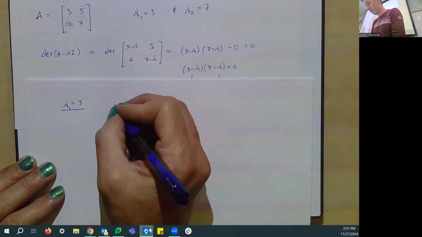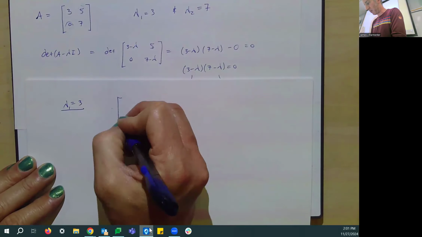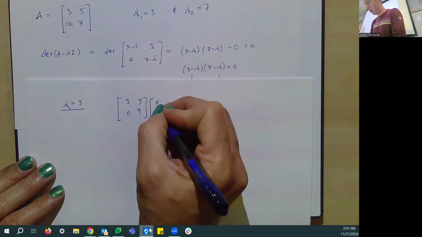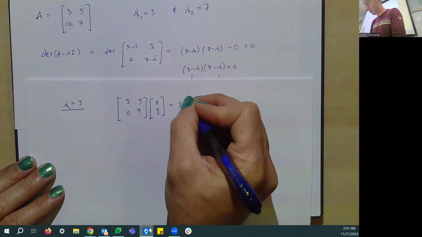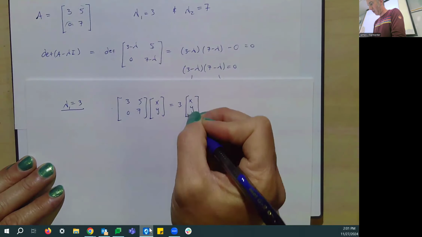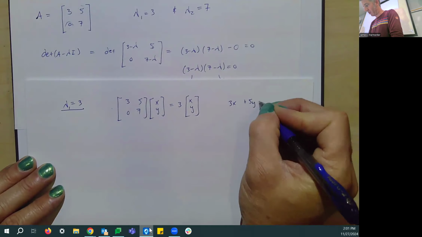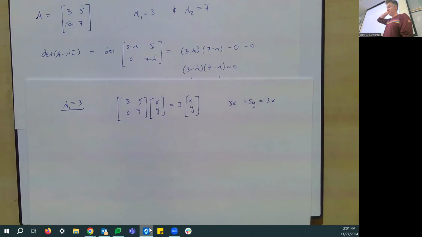For lambda 1 equal to 3, if you have 3, 5, 0, 7 times the vector you're trying to find equal to 3 times the vector you're trying to find, we end up with the first equation, 3x plus 5y equal to 3x. What's going to happen to the x's? They're going to cancel.